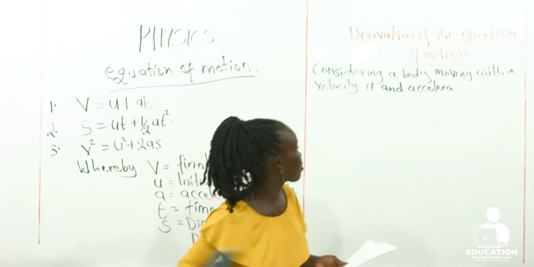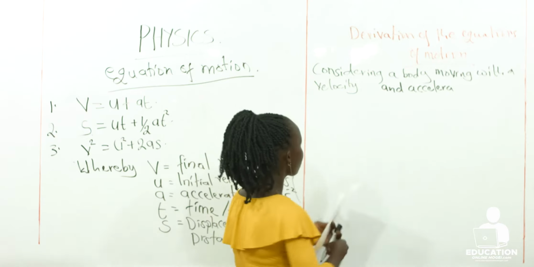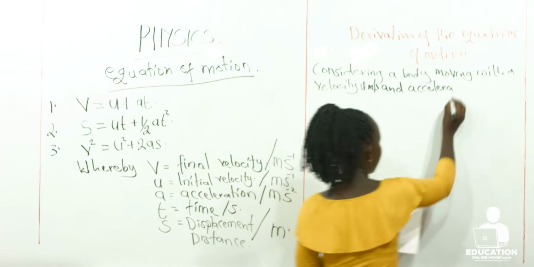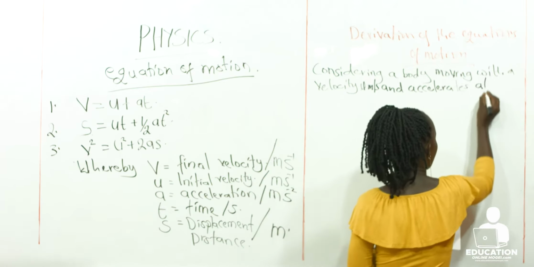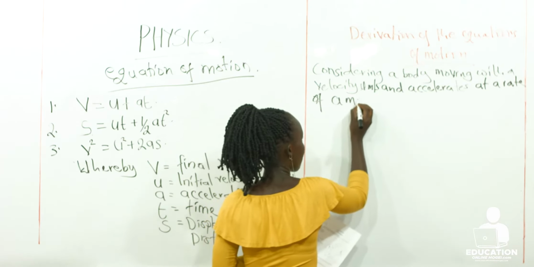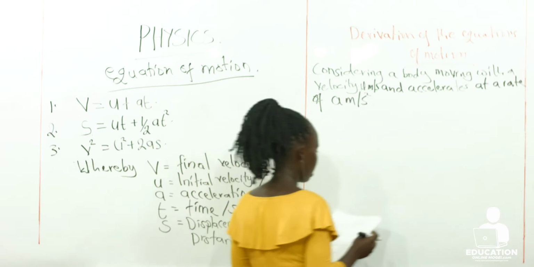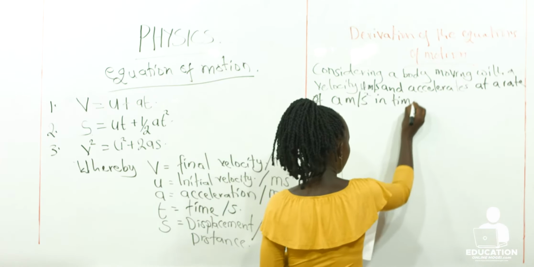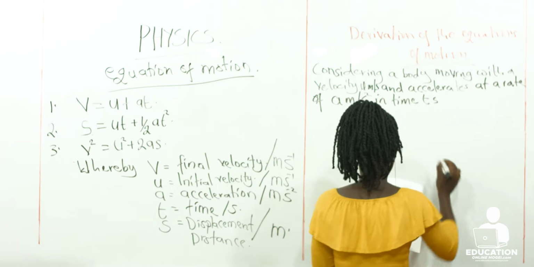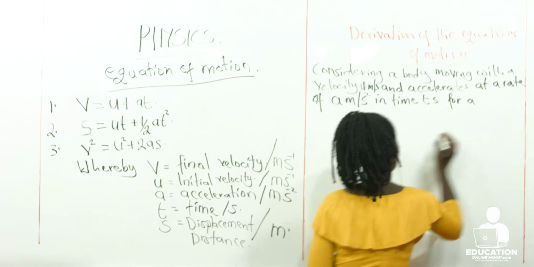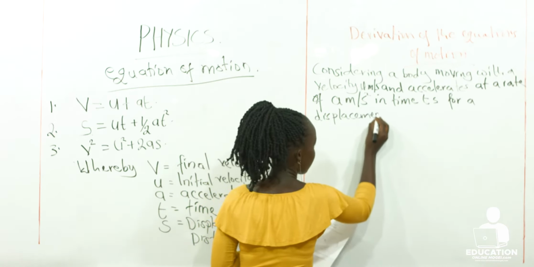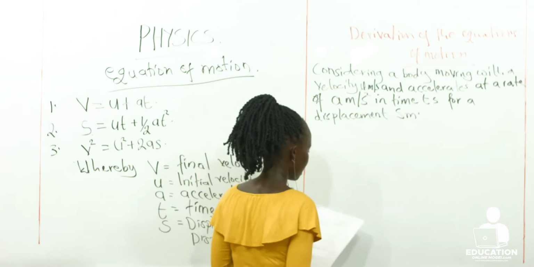and accelerates. Our u is in meters per second, so let's not forget the unit, meters per second, and accelerates at a rate of a meters per second squared in time t seconds for a displacement s meters.